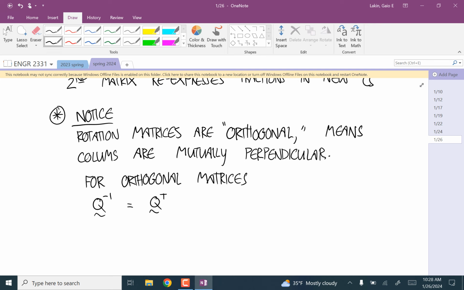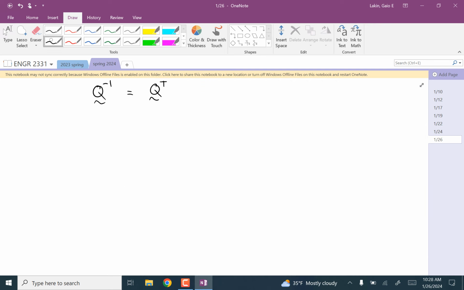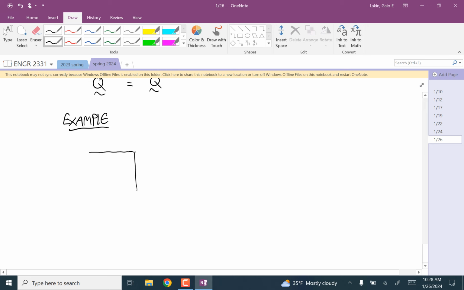let's do a couple things. So let's say we have a stress cube.